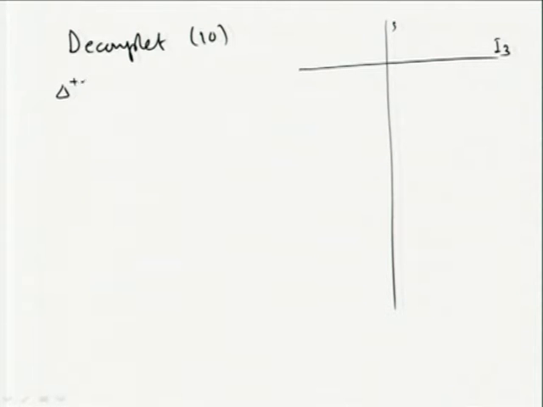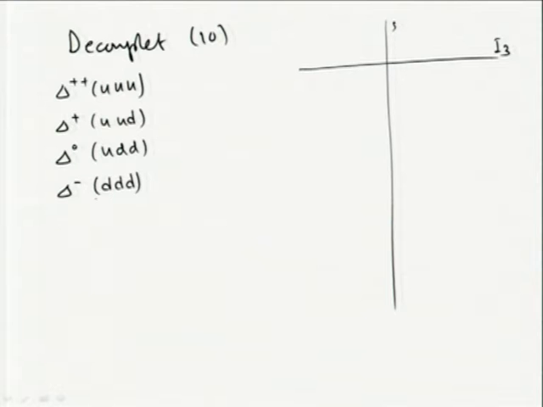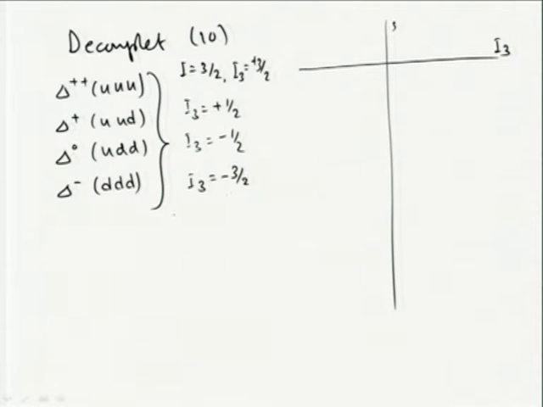There is a resonance delta plus plus, which can be thought of as having 3 U quarks inside it, and a delta plus, which consists of UUD, delta 0 UDD, and delta minus DDD. These 4 form an isospin I equal to 3 by 2 multiplet, with I3 equal to plus 3 by 2, plus 1 by 2, minus 1 by 2 for delta 0, and I3 equal to minus 3 by 2 for delta minus.